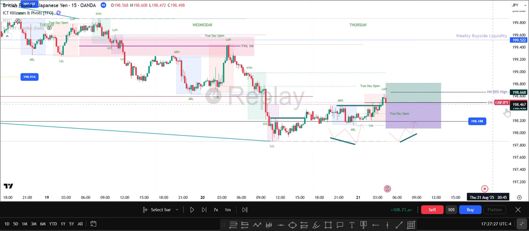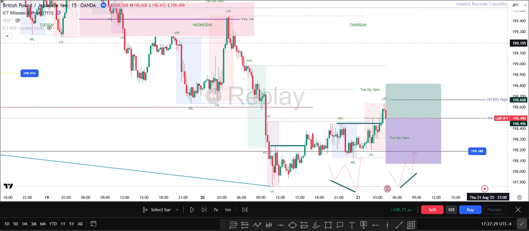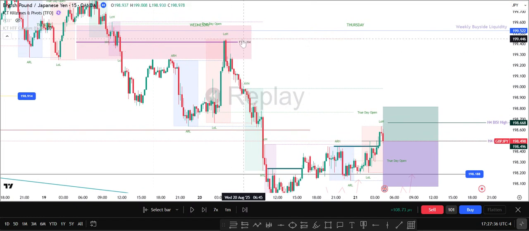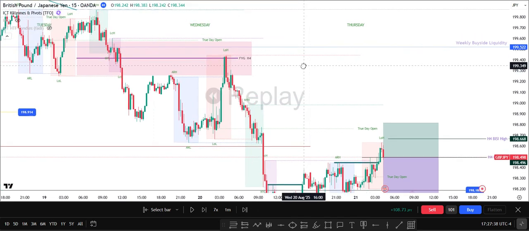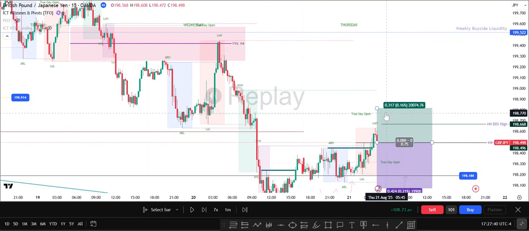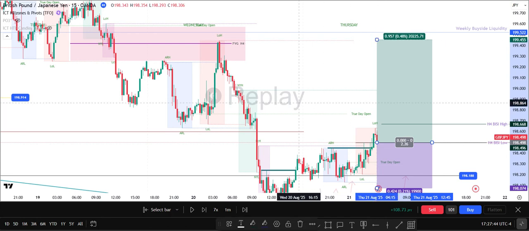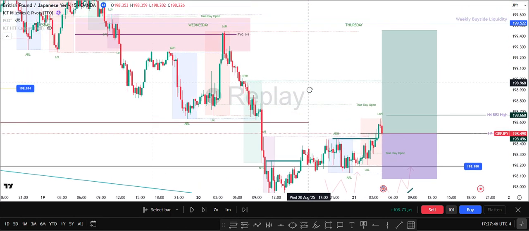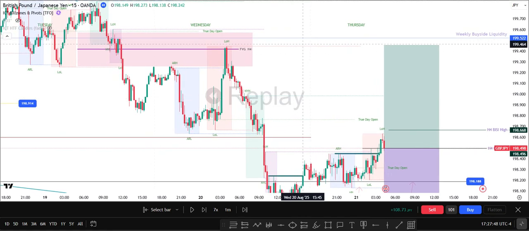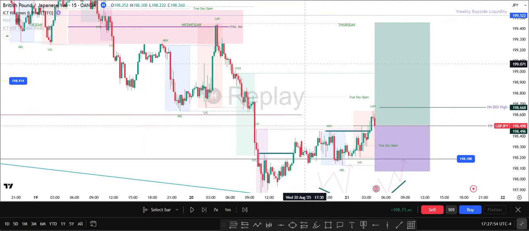Okay, we will be targeting, I think, this highs above this. Why are you targeting those highs? Because price has taken the previous week's low. The only place I expect price to go is take the previous week's high.